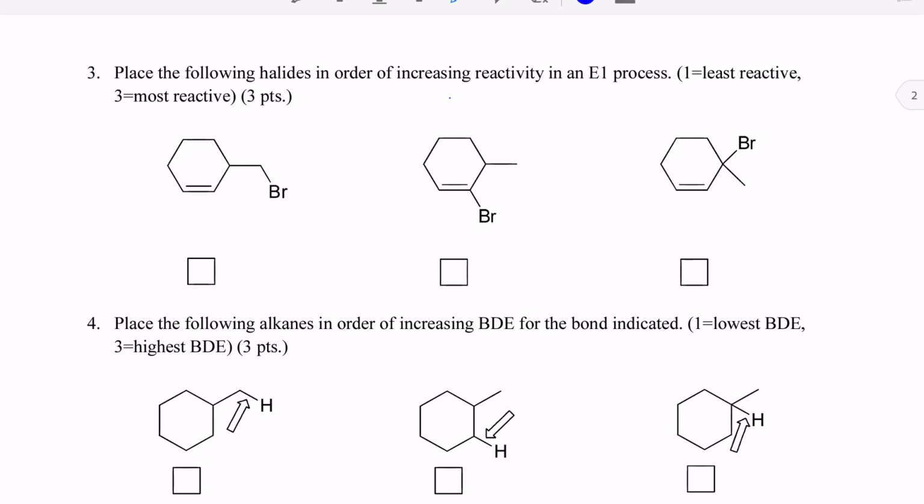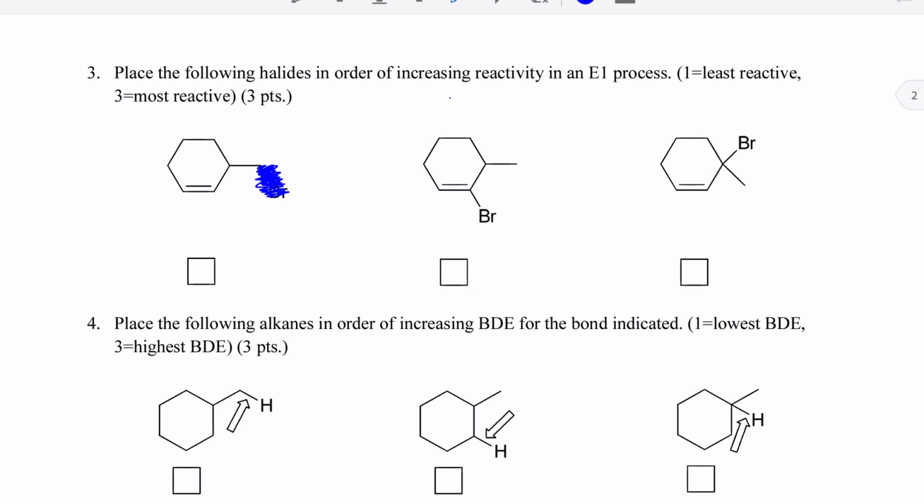So we're going to see what types of carbocations are formed from each one of these, whenever the leaving group, or the bromine in this case, leaves. For this compound, instead of redrawing the whole structure, I'm just going to block out this part.